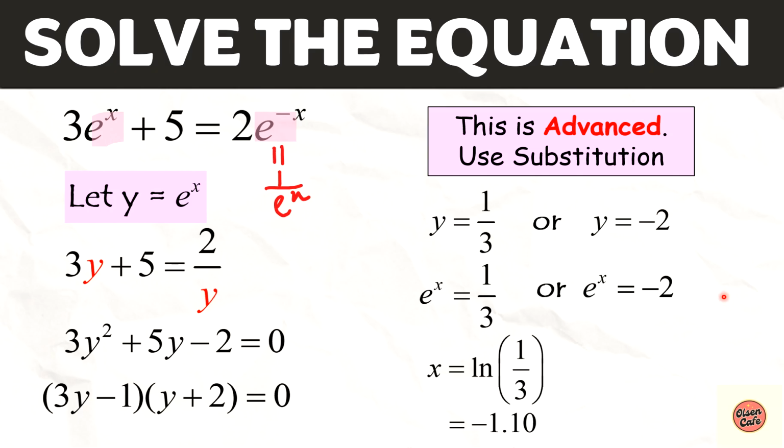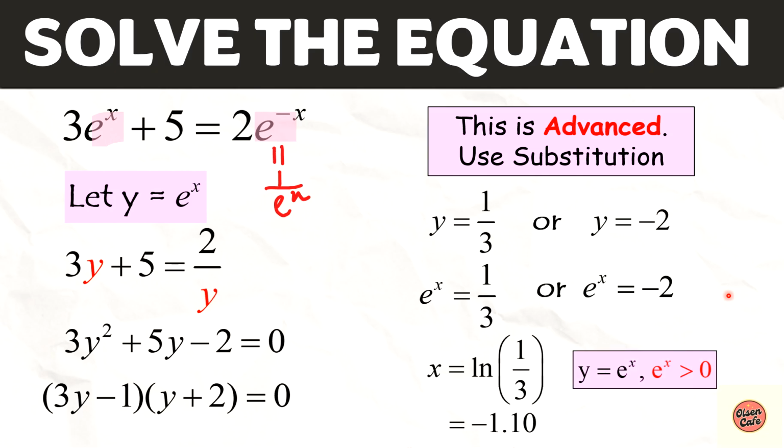Now let's take a look at this negative value. We have e to the power of x equals negative 2. If you remember earlier on, I showed you through the exponential graph that an exponential function can never be negative, because an exponential function is always greater than 0. So which means in this case, this equation cannot be solved. There should be no solution.